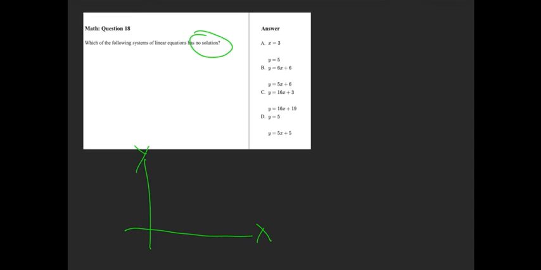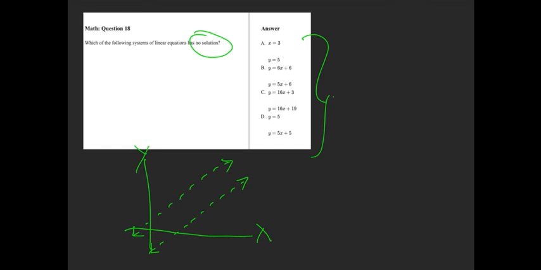How can we graphically represent that? An example would be these two dotted lines, where they extend infinitely in both directions, but they never touch. How do we know, based on the equations, if the two lines never touch? That would be the slope.